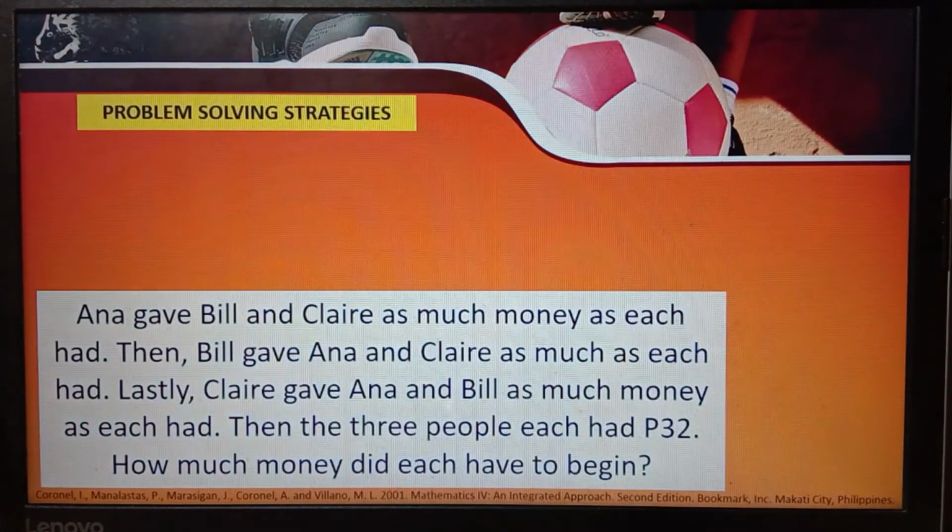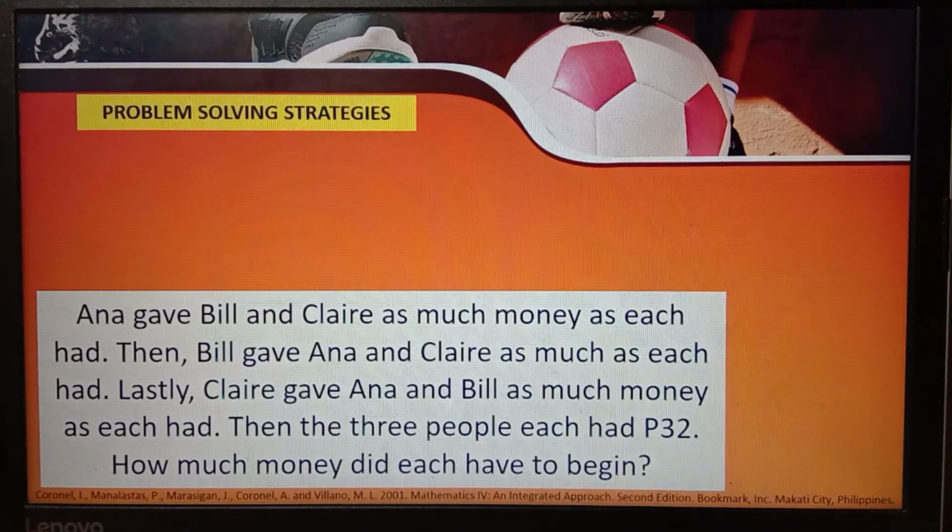And then another problem. Anna gave Bill and Claire as much money as each had. Then Bill gave Anna and Claire as much as each had. Lastly, Claire gave Anna and Bill as much money as each had. Then the three people each had 32. How much money did each have to begin with? Kind of difficult, right? It sounds really complicated.